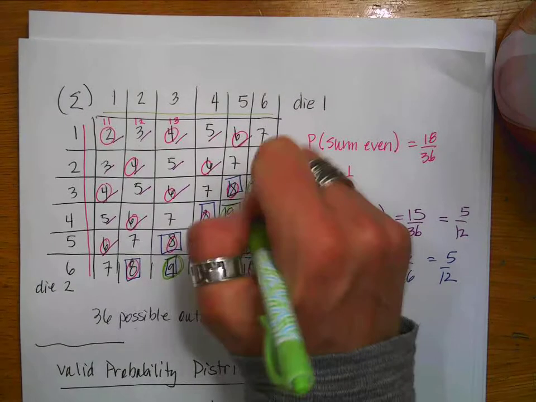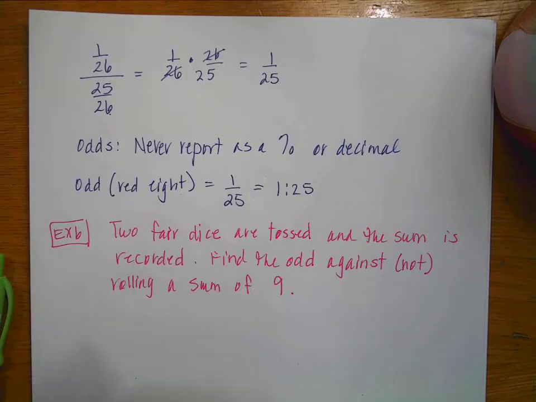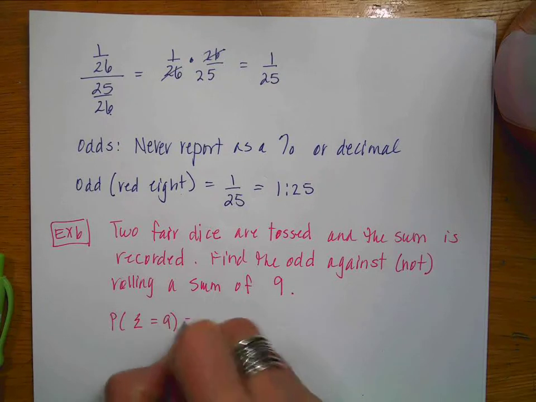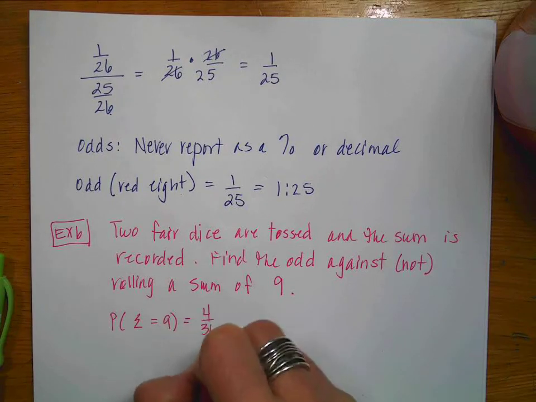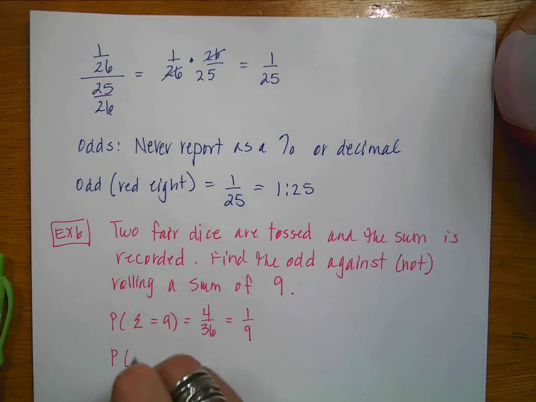This is a sum of 9, this is a sum of 9, this is a sum of 9, and this is a sum of 9. Okay, so there are my sums. So if I write my math, the probability that the sum is equal to 9 is going to be 4 out of 36, which is 1 out of 9.